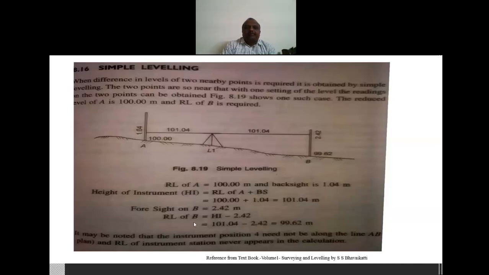RL of B is equal to height of instrument minus foresight at instrument station B. That is, the height of instrument is 101.04 minus foresight 2.42. You will get the RL of B, that is 99.642.